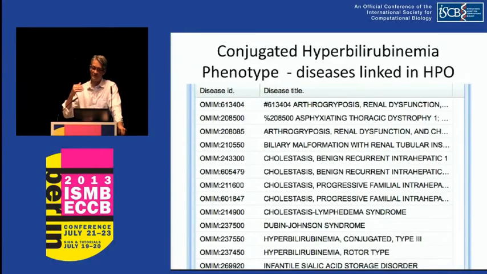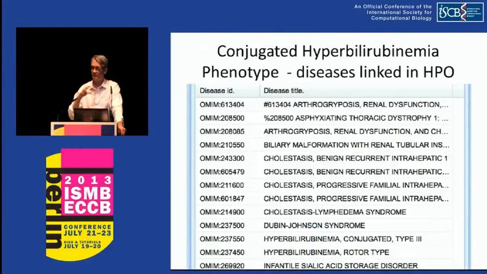And you can see, in fact, there are a lot of different inherited diseases that all share this one phenotype. So you can get a sense that even though a given syndrome is from a single gene, there are actually a number of genes, and that you'd expect them all to be involved in bilirubin metabolism.